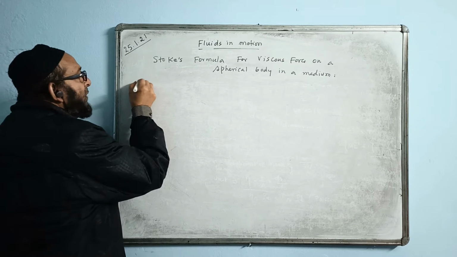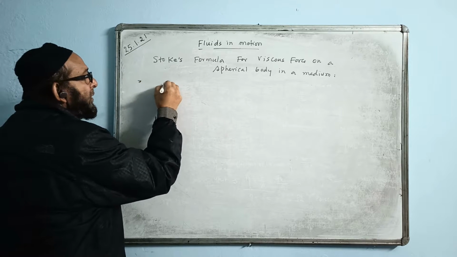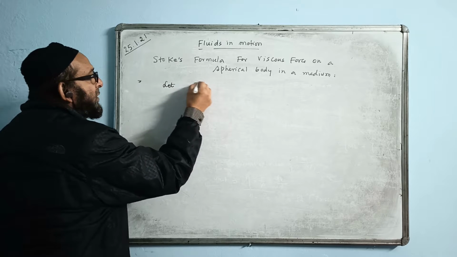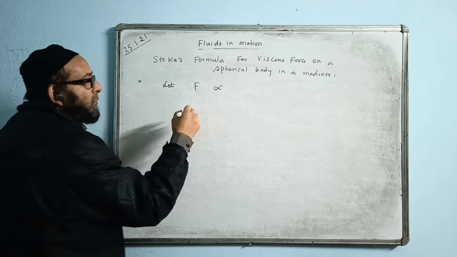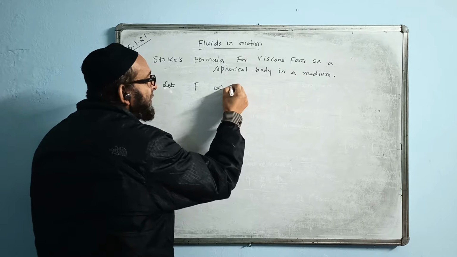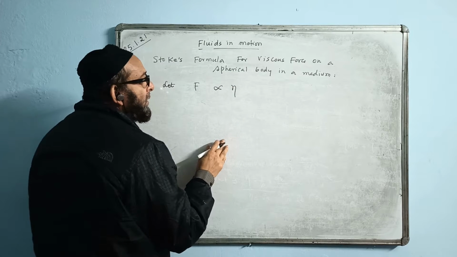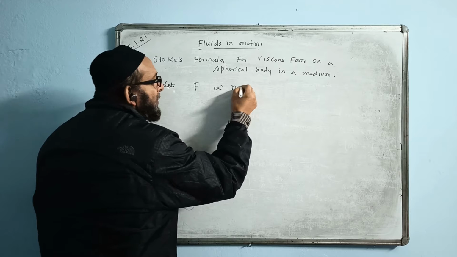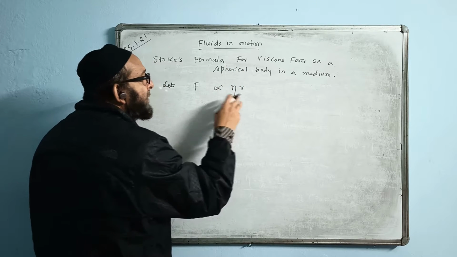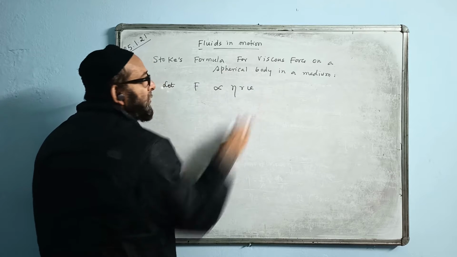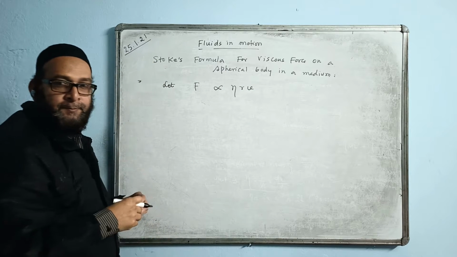To derive the formula, we assume that F, the viscous force, is proportional to the viscosity of the medium eta, and it depends upon the radius of the spherical body, that means its size, and it depends upon the velocity of the body.